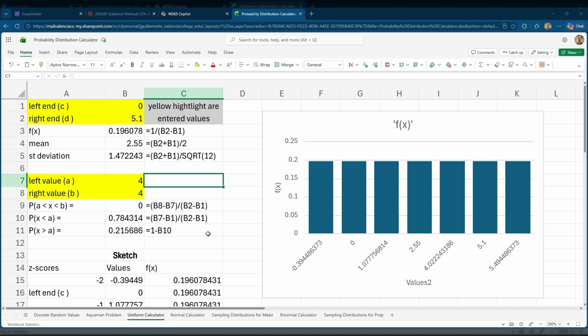And the reason that is because there is no area. There's no width, okay? So if I'm going to go from 4 minus 4, 4 minus 4 is 0.